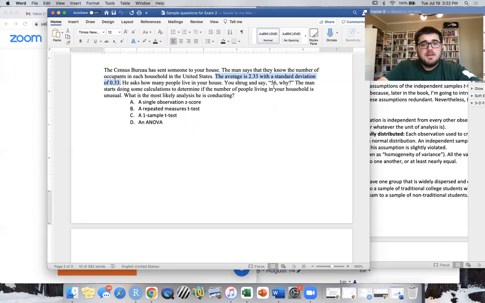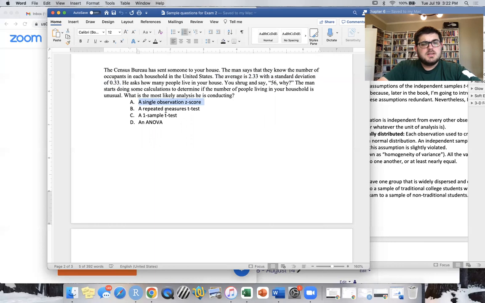But he's not doing a group of households. If the Census Bureau person was going to a neighborhood where they suspect that most houses in this neighborhood have more people living in it than average, then they could do a sample mean. But here we're looking at one person or one score. So this would be a single observation Z-score.